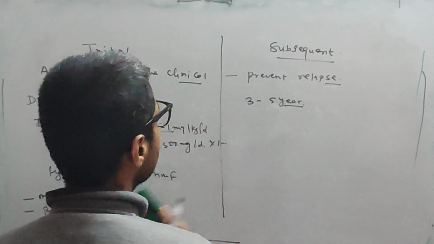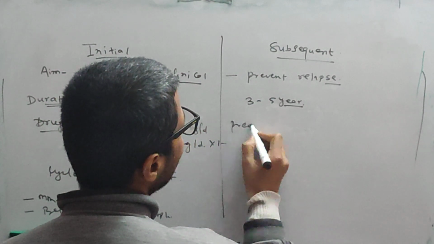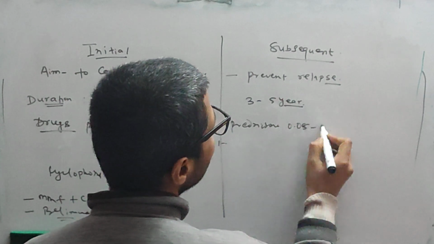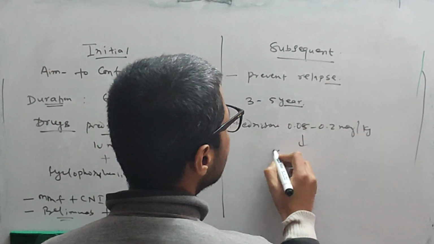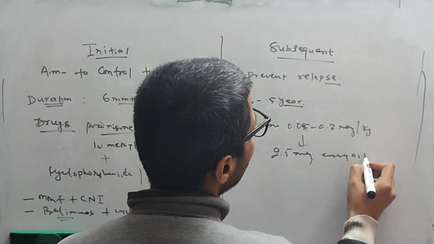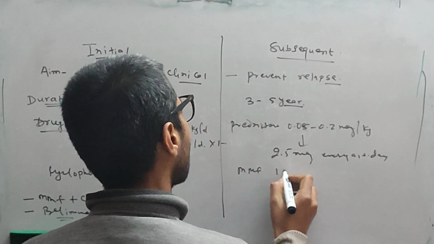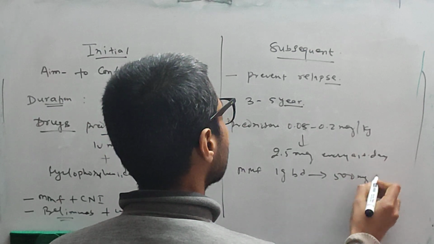And regarding subsequent therapy, what are the drugs? We can use prednisolone at low dose, 0.05 to 0.2 mg per kg per day. You can use a maintenance dose like 2.5 mg every alternate day. Or you can use mycophenolate 1 gram BD, titrating down to 500 mg BD.